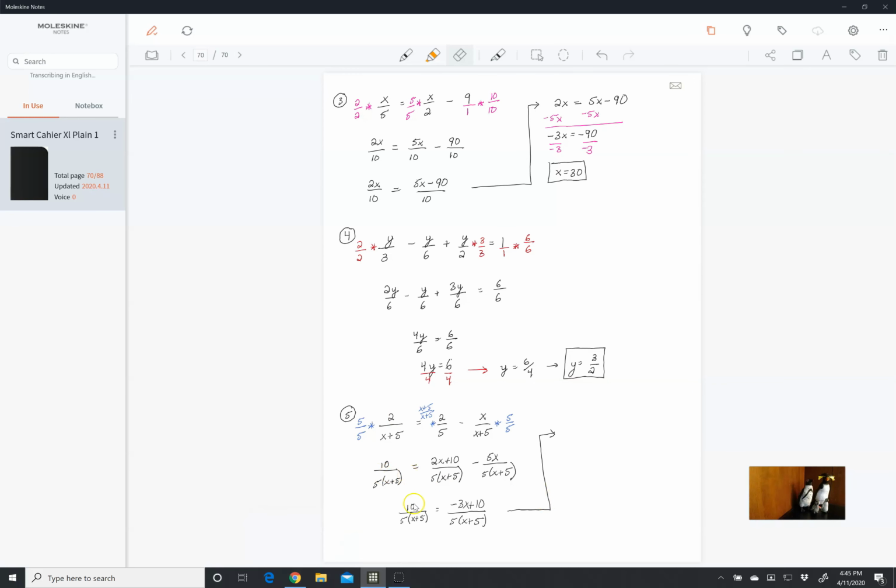So we're at the point where we have one fraction on the left, one fraction on the right. We can set the numerators equal to each other. So 10 is equal to negative 3x plus 10. We can subtract 10 from both sides.